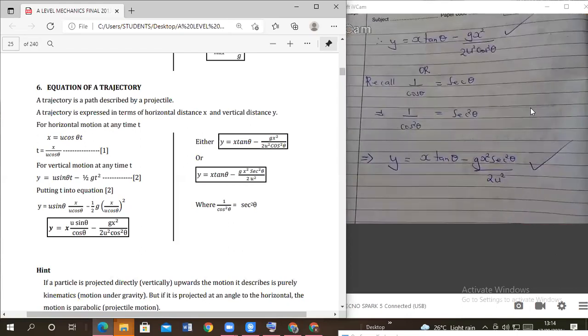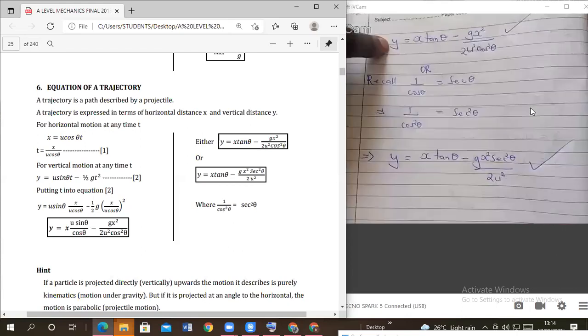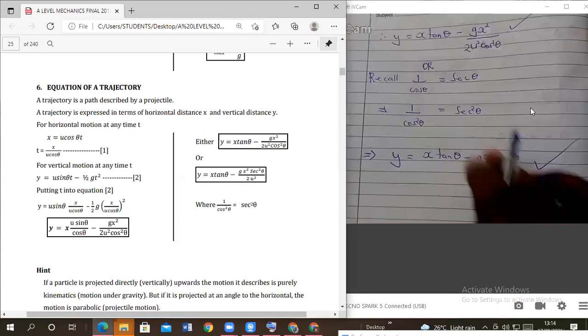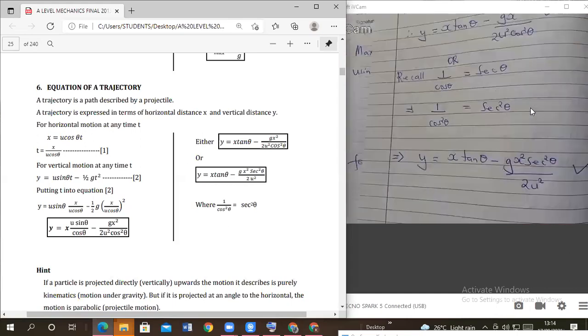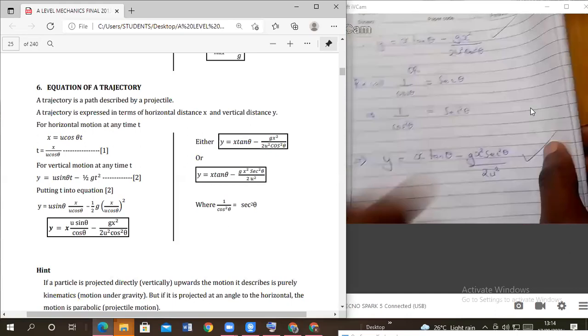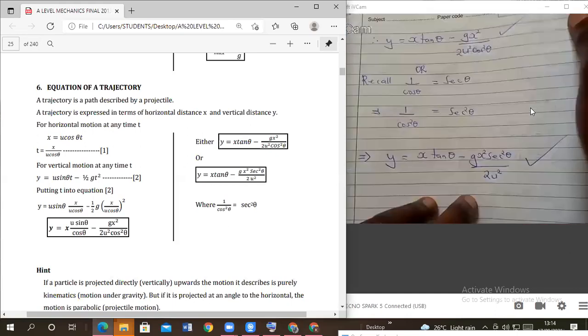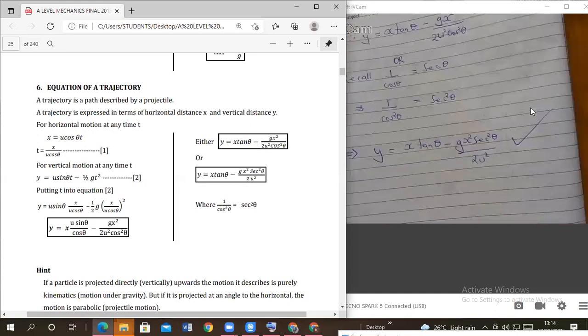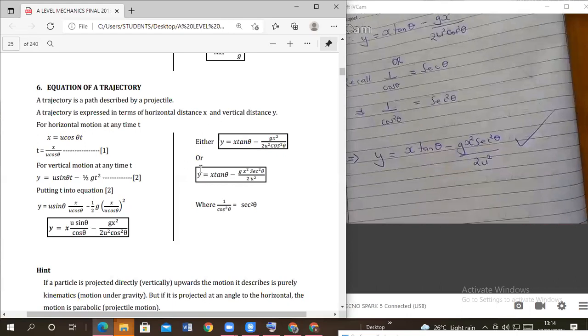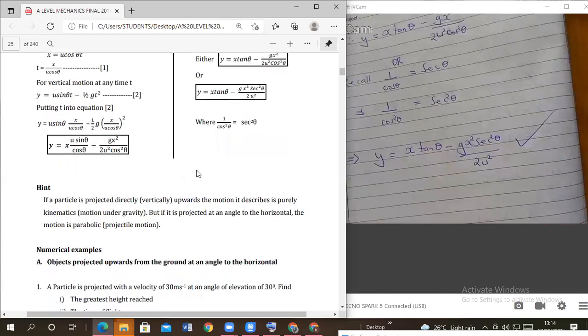This equation we have derived combines x and y. This is what we call the equation of trajectory. Any question? Members, any question?